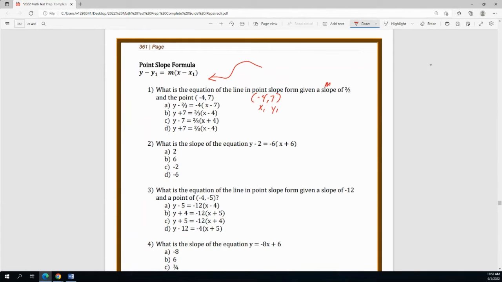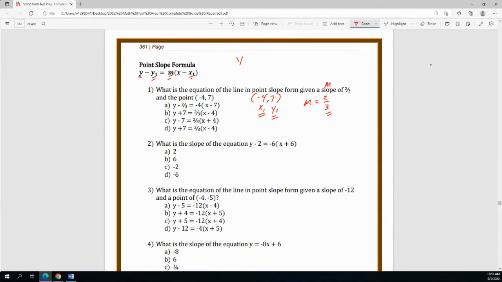My m is going to be equal to 2/3. So let's use these 3 pieces of data. We have an x1, a y1, and an m. There's 3 pieces of data that we can fill in right here, right here, right here. We're going to replace those with these 3 pieces of data, and we're going to see what we have left. Okay, here we go.